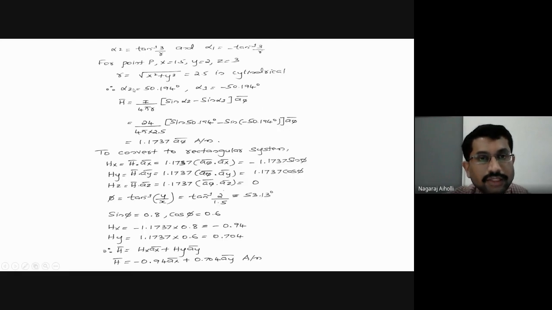Now note down these steps, the first three steps, and find out the value of alpha 2 and alpha 1. We know the equations here for alpha 2 and alpha 1, and we have found the value of R. Find out the values of alpha 2 and alpha 1.